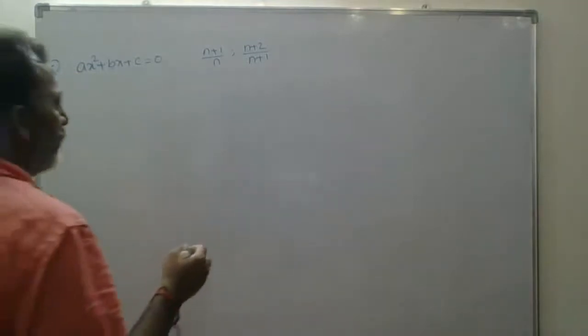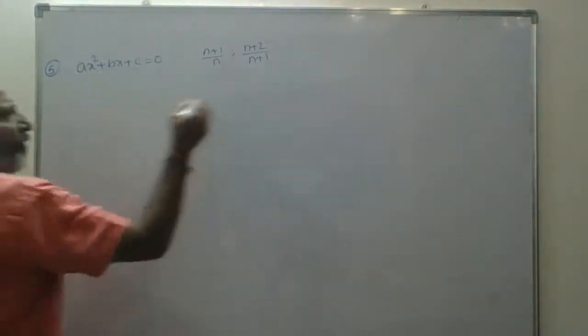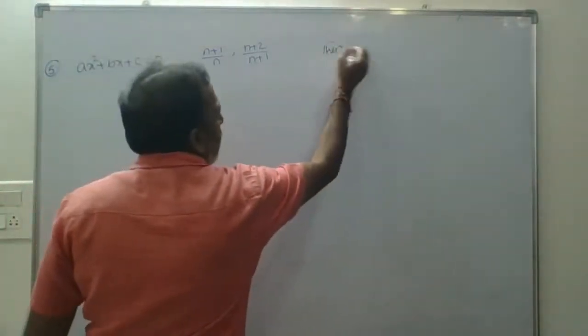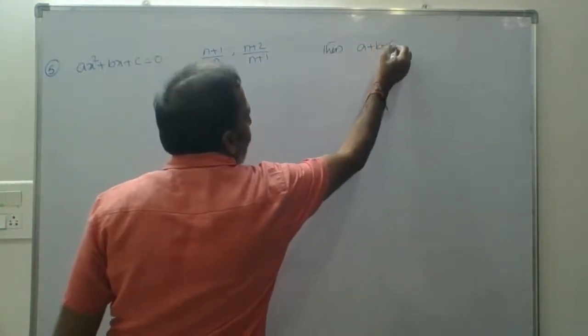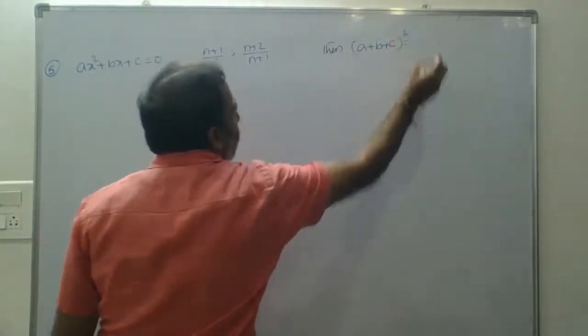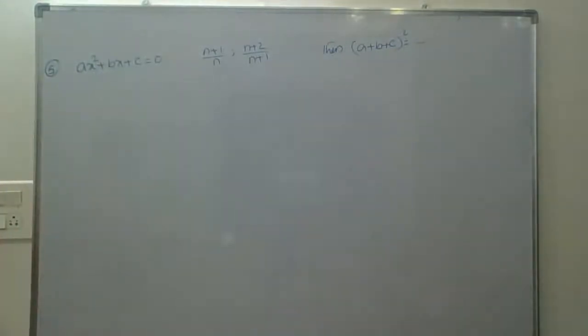Then a plus b plus c whole square is equal to dash.